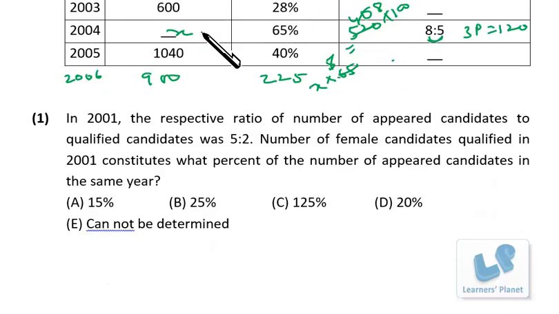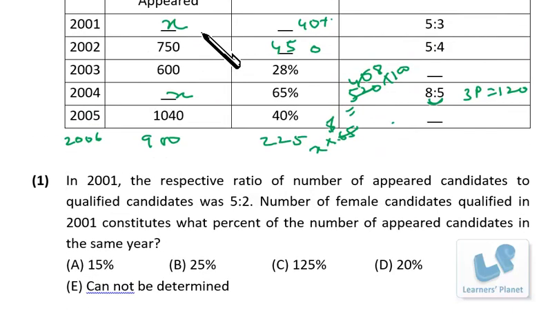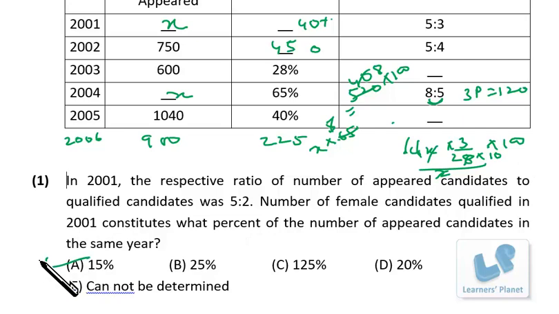Now female qualified will be 40% of X, that is 0.4X, and out of that they are 3 by 8. And we have to find out the percentage of number of appeared candidates. So appeared candidate is X, so X and X is cancelled. Percentage, since we have to find out, so that is 15%. Okay, pretty simple.